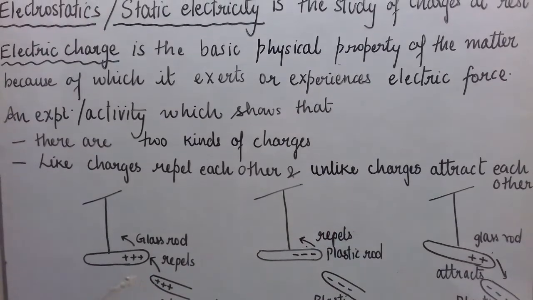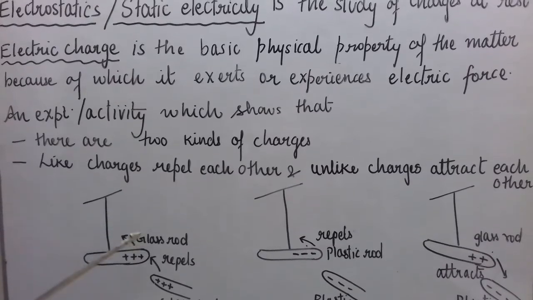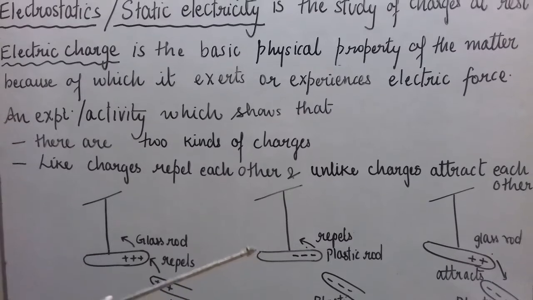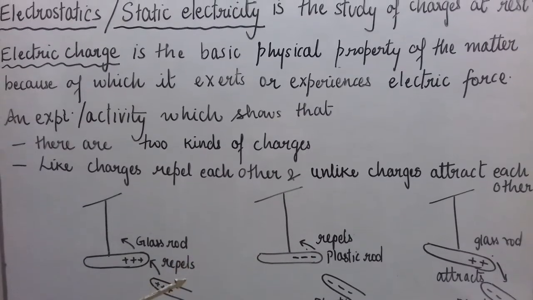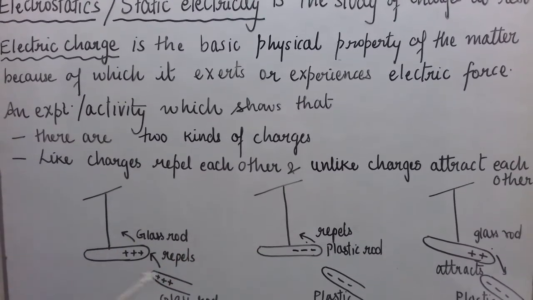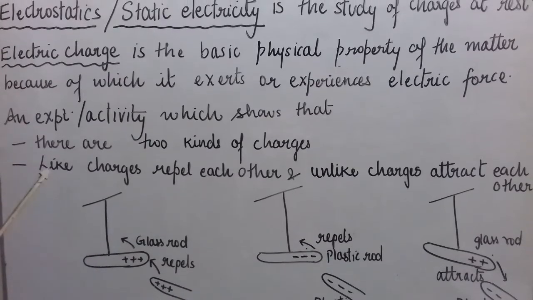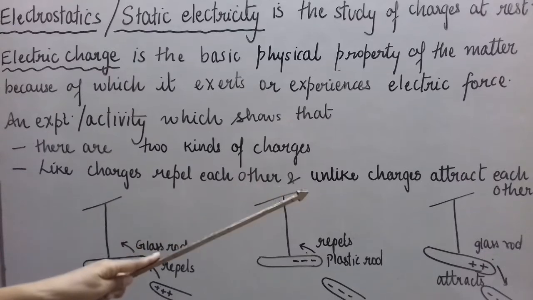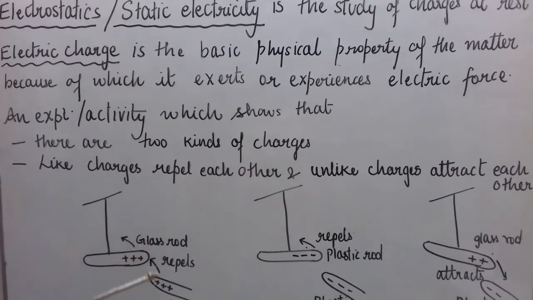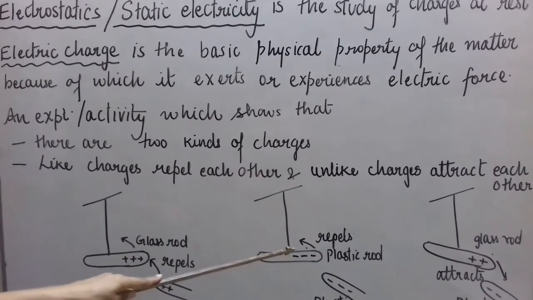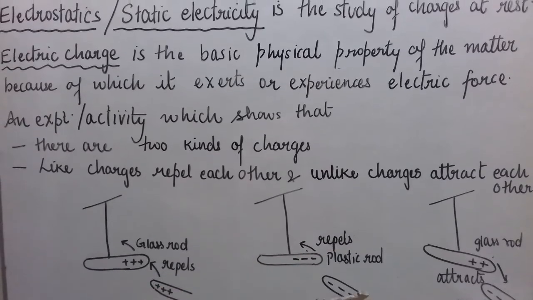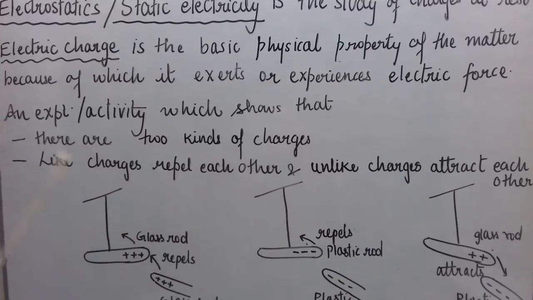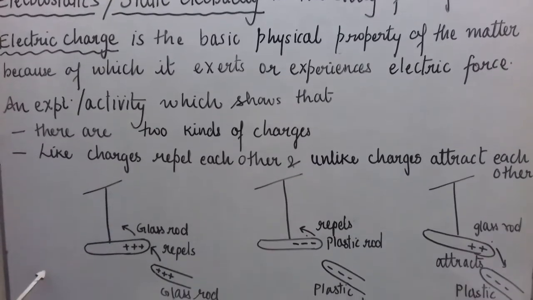So it was concluded that the charge on the glass rod is different from the charge on the plastic rod. It means there are two kinds of charges. It was also concluded that like charges repel each other and unlike charges attract each other, because these are like charges, here these are also like charges, and in the third diagram we have opposite or unlike charges. I hope this experiment is clear to you.